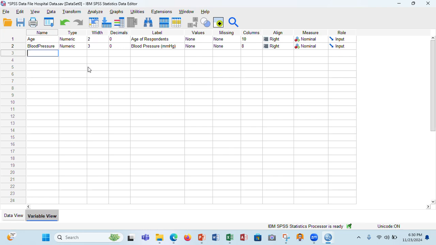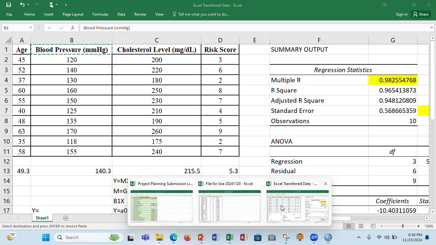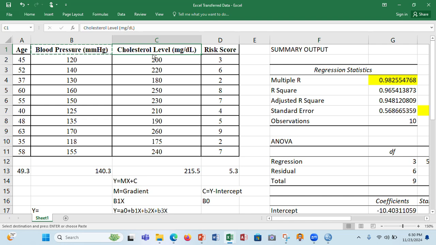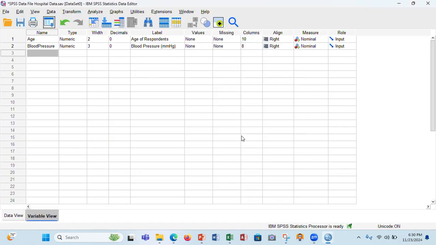Now we are good to go to the other level, which you can see we're calling cholesterol level. We are creating our other column, and we can just label it cholesterol.